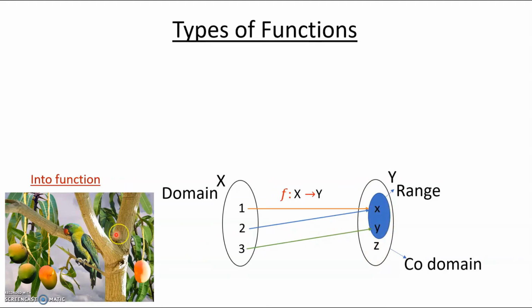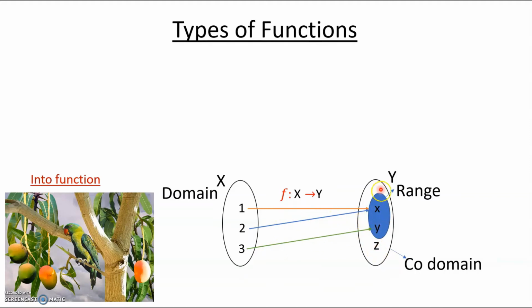Now the parrots can be in the domain 1, 2, 3. Let's call them parrot number 1, parrot number 2, parrot number 3. Now, will all these parrots go for the ripe mango or the unripe mango? Yes, they will all go for the ripe mangoes.